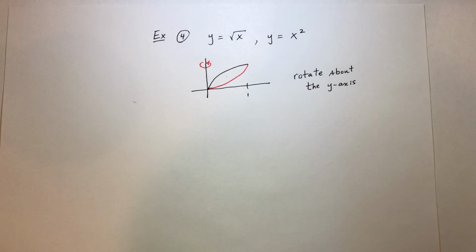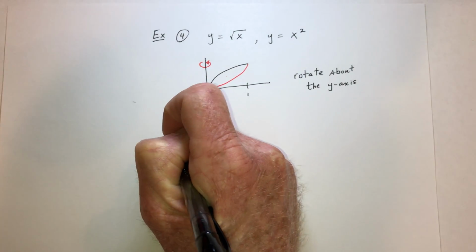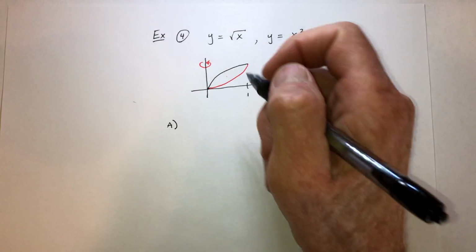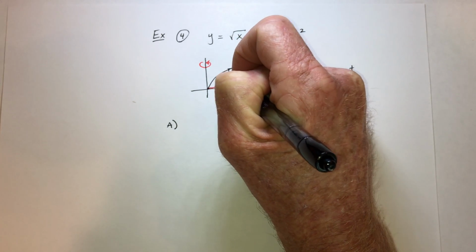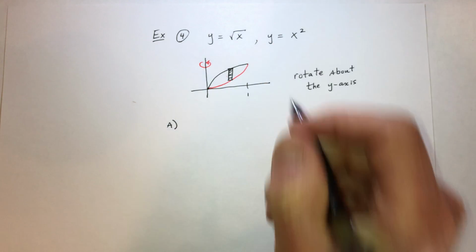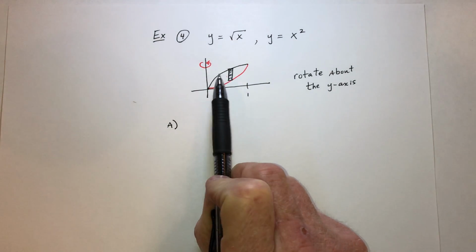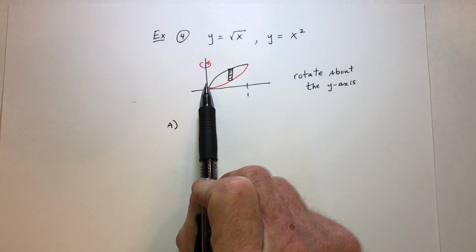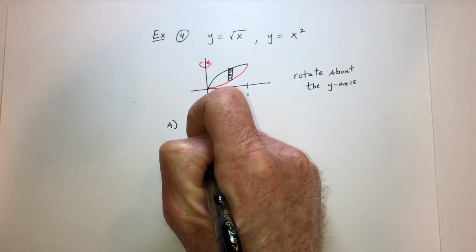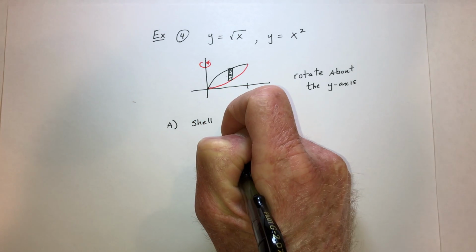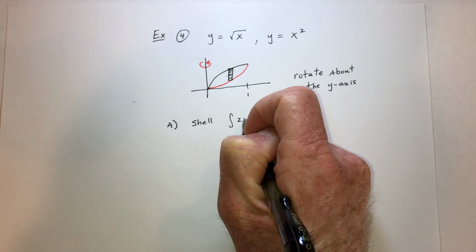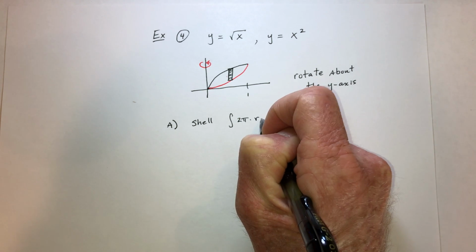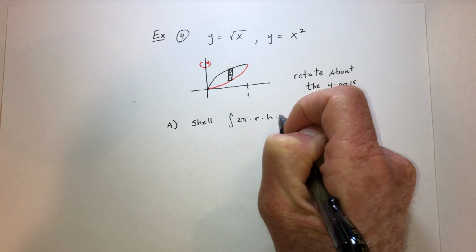So let's see. Part A. If I make the rectangle go this way, then that means that the rectangle and the line are parallel to each other, so that would be the shell method. And so that is integrate 2 pi times the radius times the height.